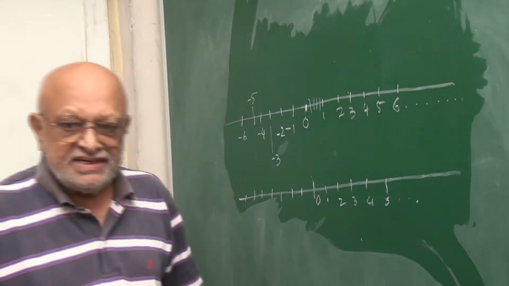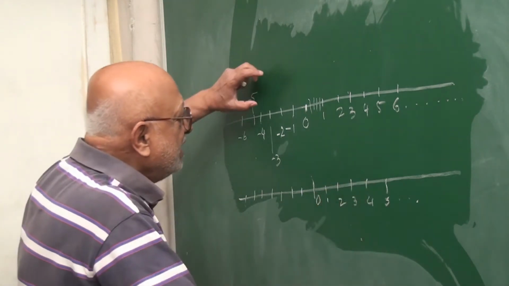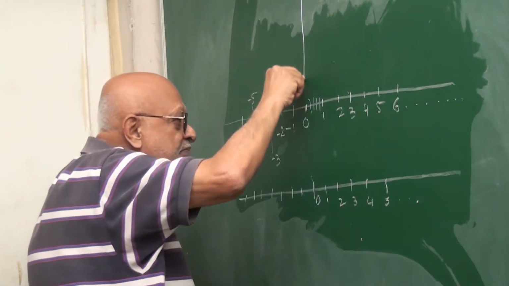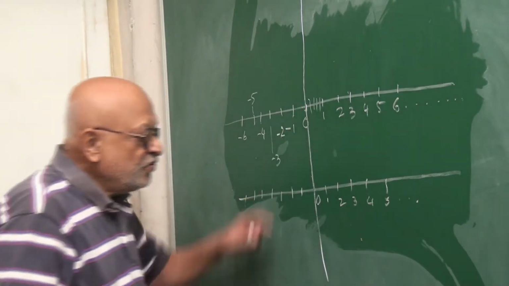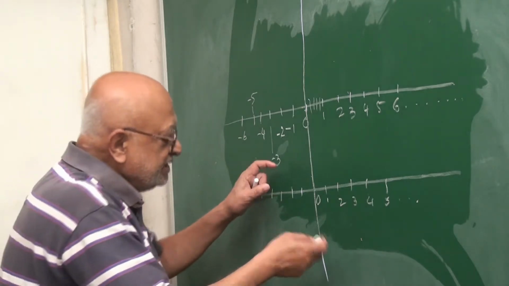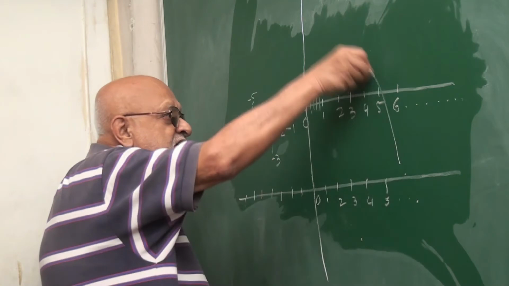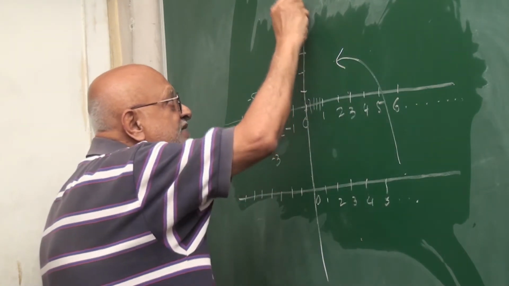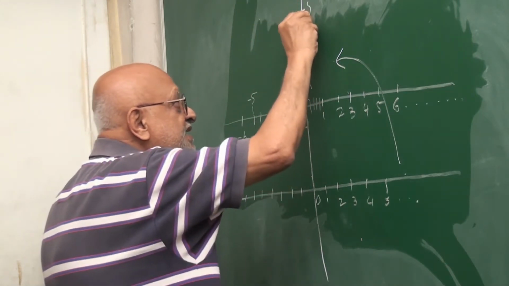And Rene Descartes thought of putting this number line perpendicular to the other line and passing through O. So this O and this O coincide. And so when these two are together, this one is flipped, so it will go like 1, 2, 3, 4, 5, 6, like this.